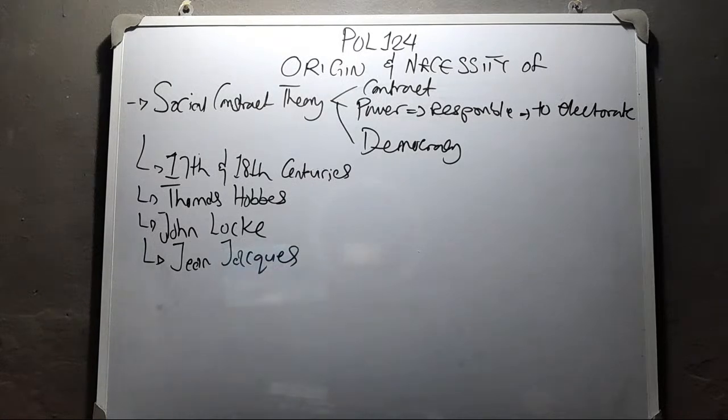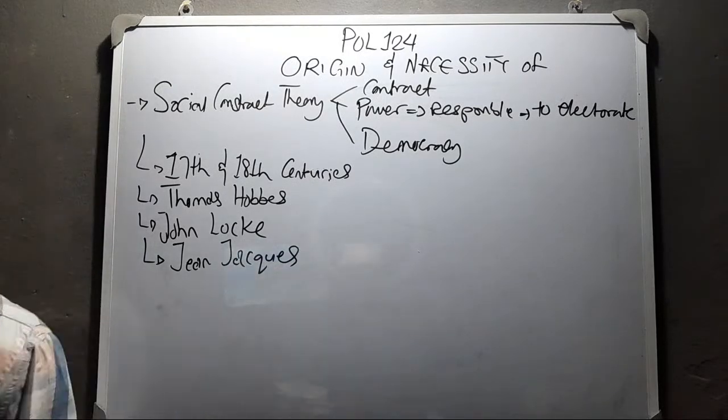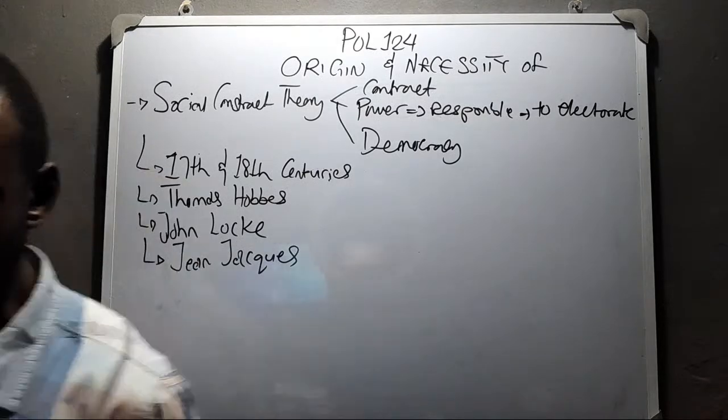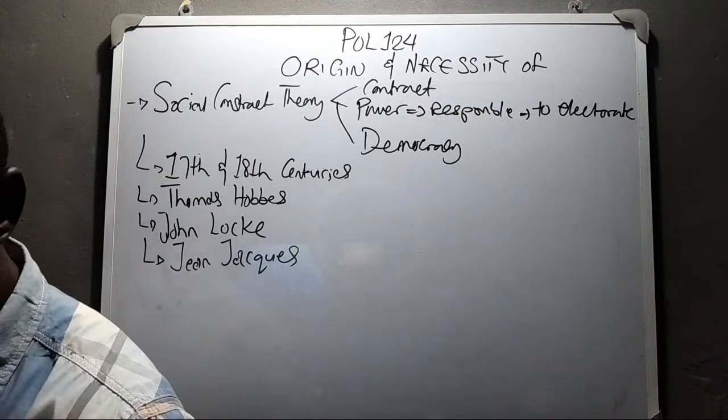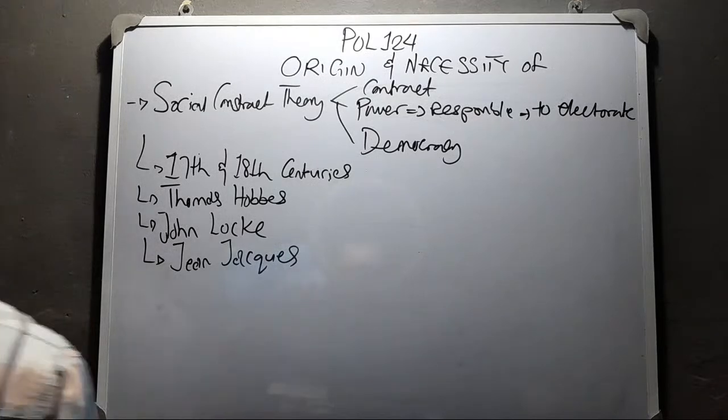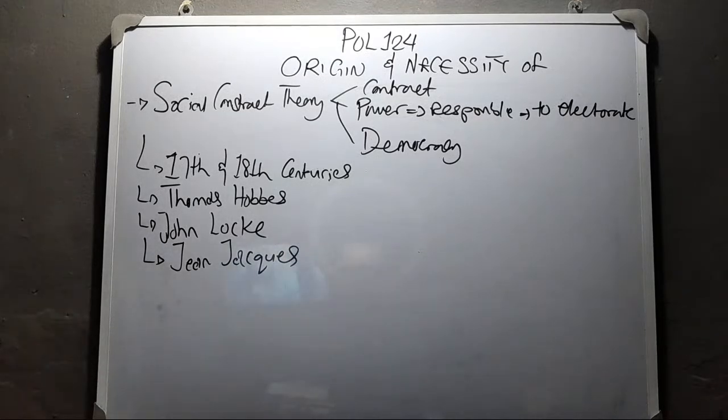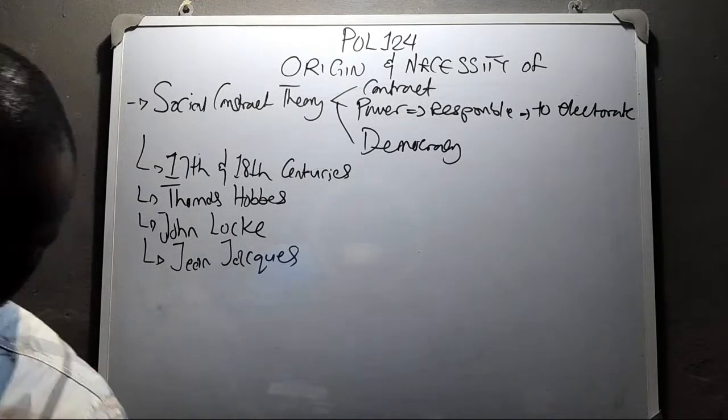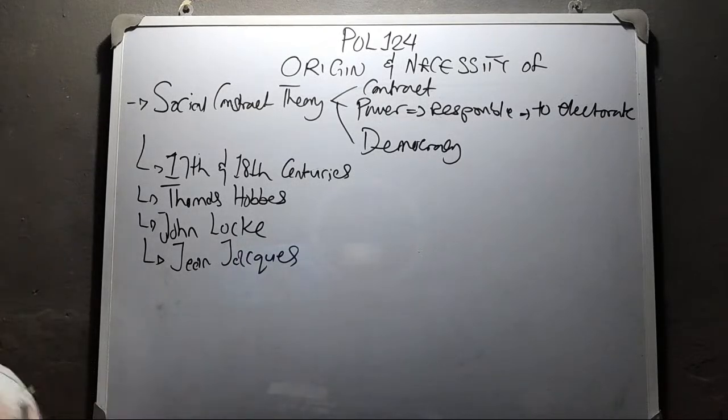It is essential that we know that the founders of the United States dwelt heavily on social contract theory in the construction of both the Declaration of Independence and the U.S. Constitution.